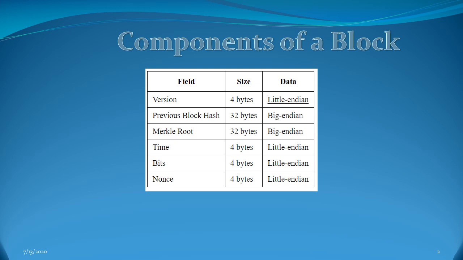It contains the version number of the software, the hash of the previous block, the root hash of the Merkle tree, the time in seconds since 1st January 1970, the goal of the current difficulty, and the nonce. So these are the different things that the block header will contain.